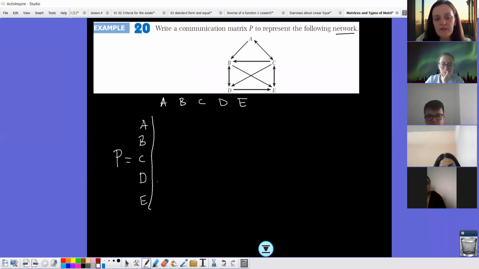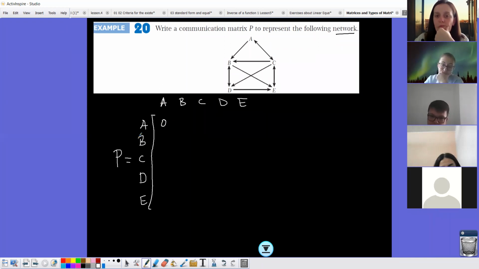We show matrices with these big parentheses. Now, from A to A, is there a connection? No, it's 0. From A to B, Alexander? Yes, teacher. So what will I write here? 1. From A to C, Arta?